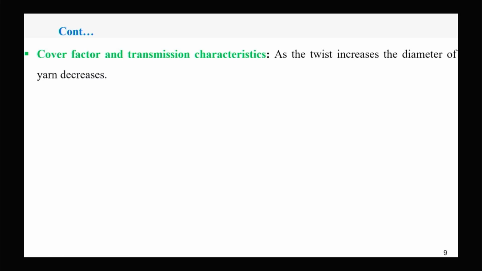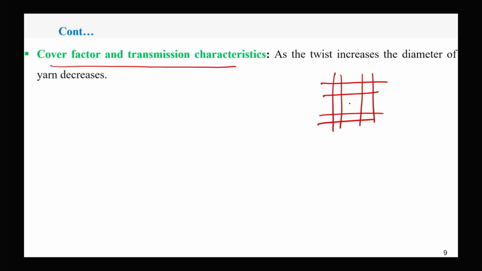Cover factor and transmission characteristics. For keeping the same thread density and same yarn linear density, if we increase the twist, the air transmission will increase, because air transmission depends on the opening between the yarns.